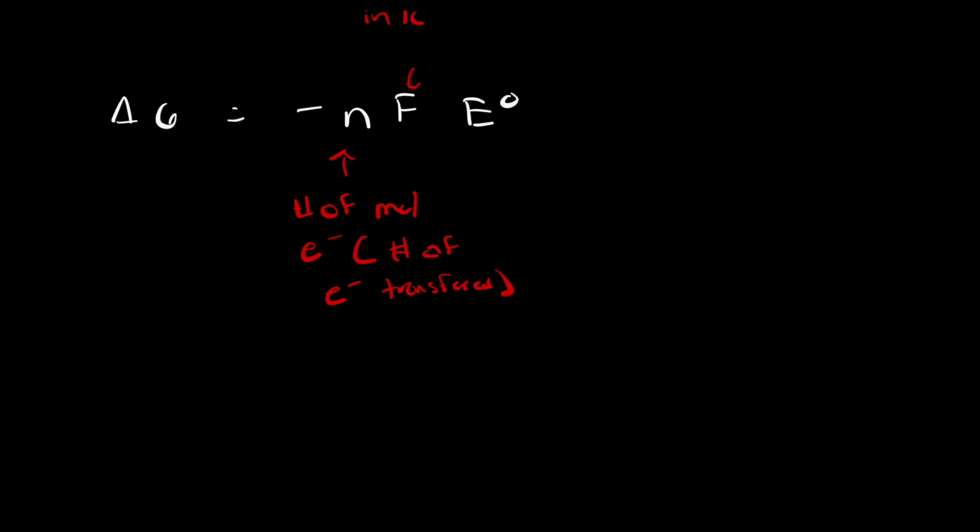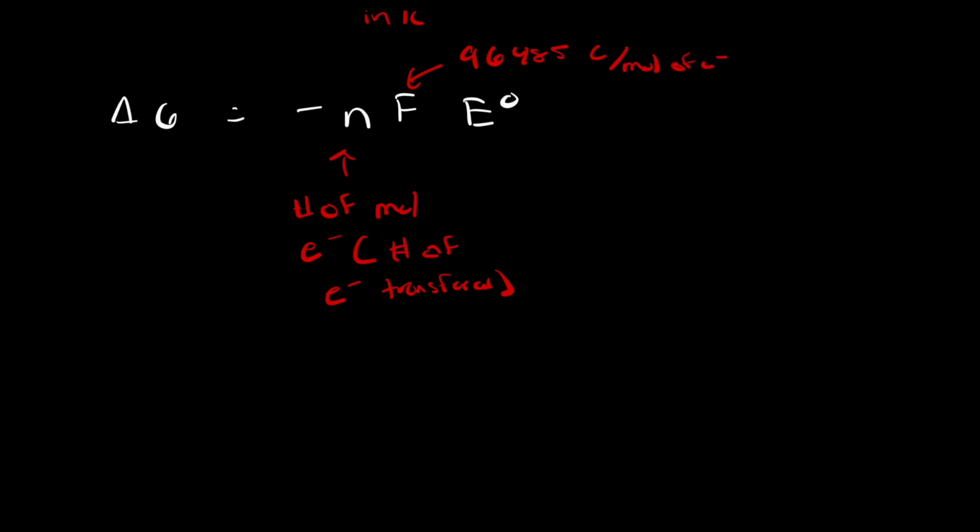We have F. That's Faraday's constant. That's going to be 96,485 coulombs per mole of electron.